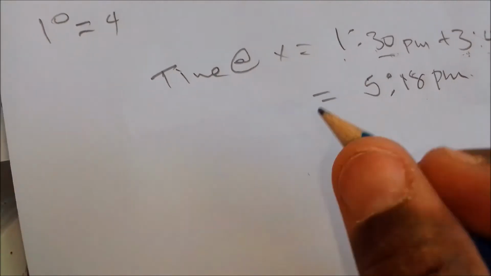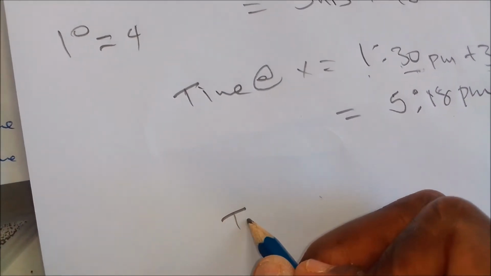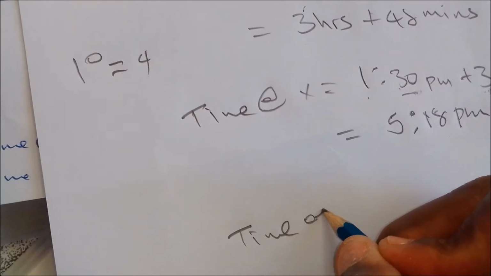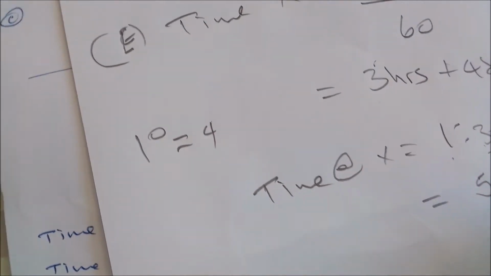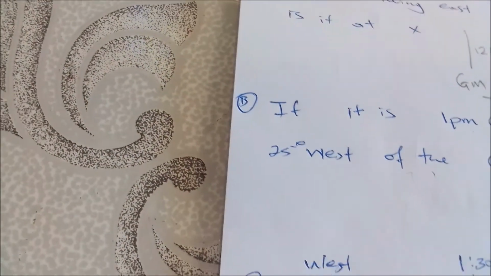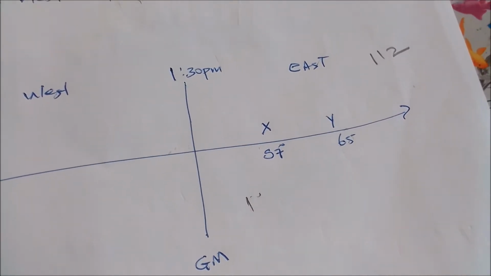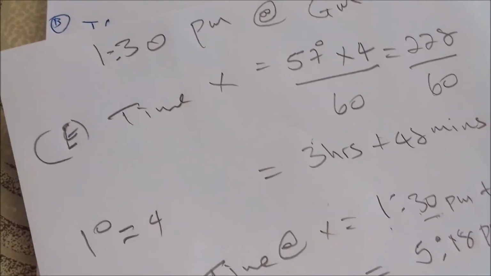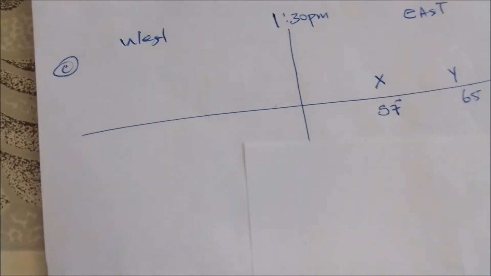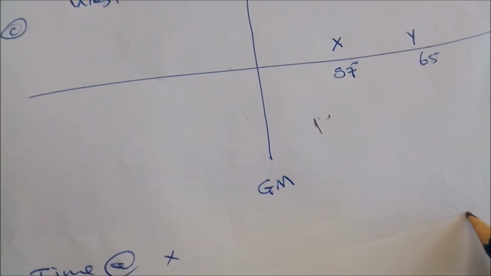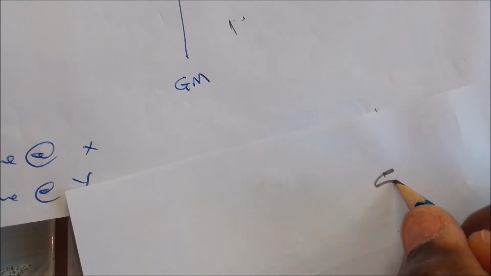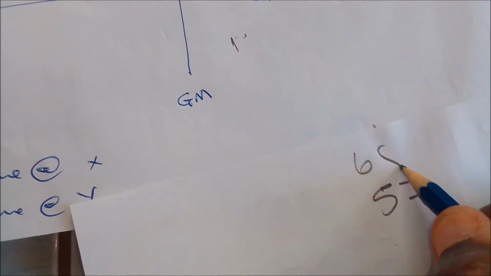Right? So what is the time at Y? Time at Y is now easier to calculate. Remember, we're looking at this. So all I need to do for time at Y is, X is 57 and Y is 65.